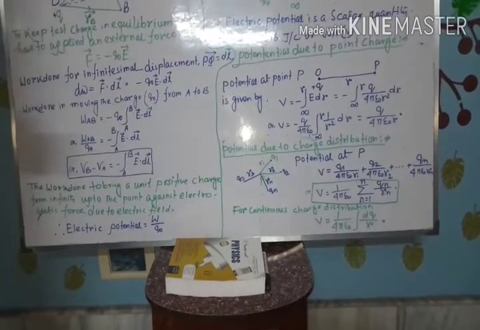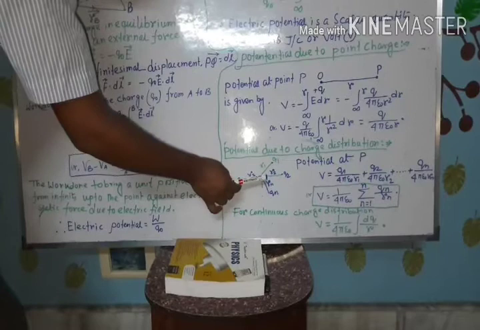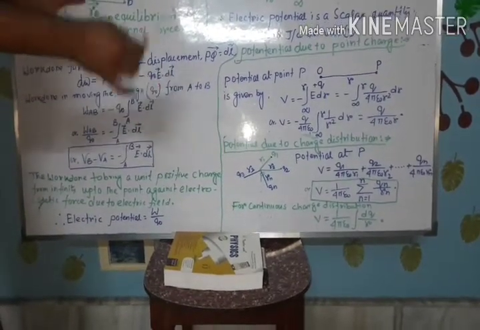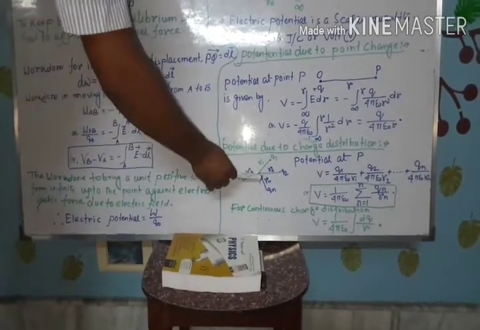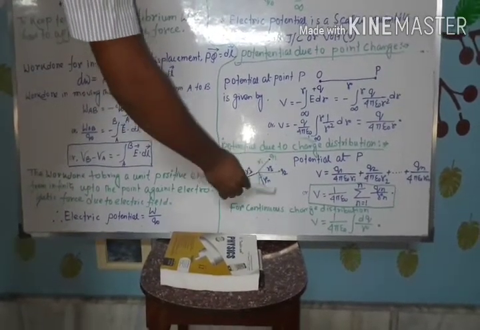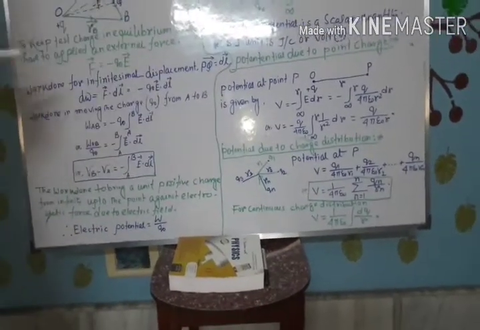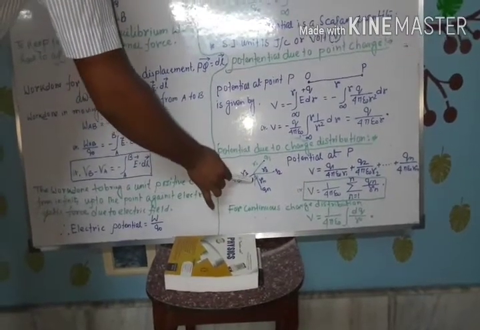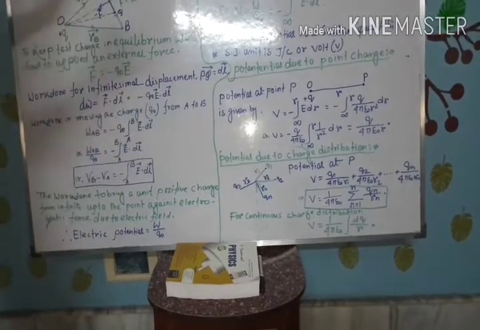We want to determine the total potential at the point P. So what is the process? First we determine the potential at the point P due to individual charges. As electric potential is a scalar quantity, the total potential at the point P is the algebraic sum of the potentials created by all the other charges.